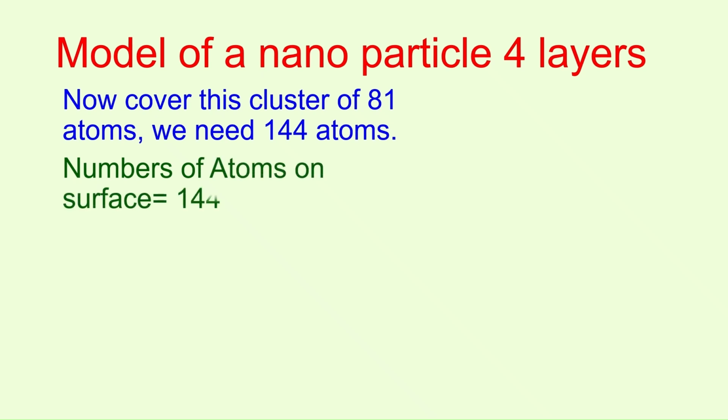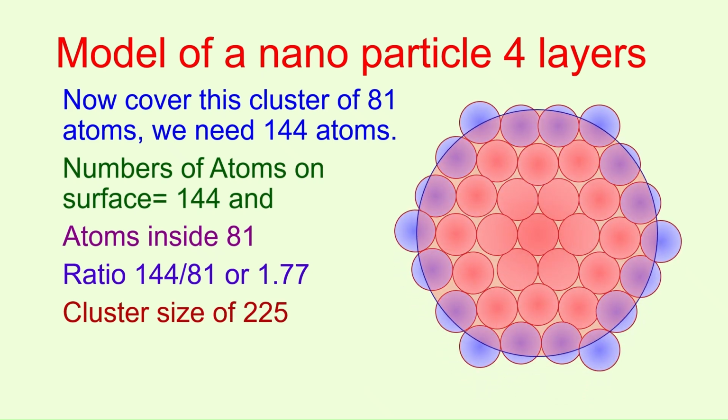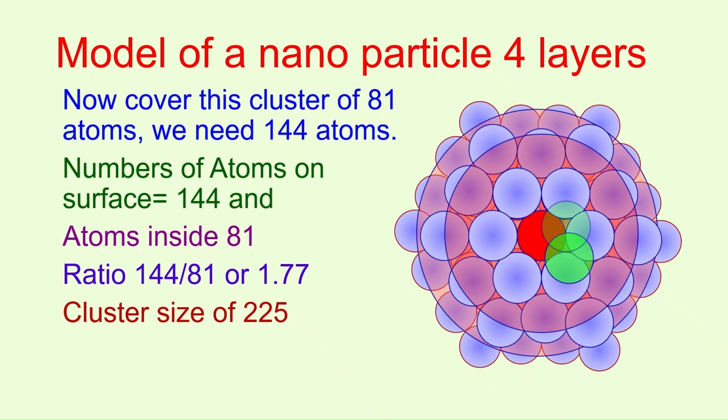Number of atoms on surface equals 144, and atoms inside 81. Ratio 144 is to 81 or 1.77. This is a model for layers of atoms. Cluster size of 225 atoms. Model of a nanoparticle of 5 layers.